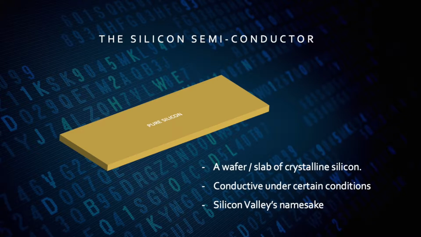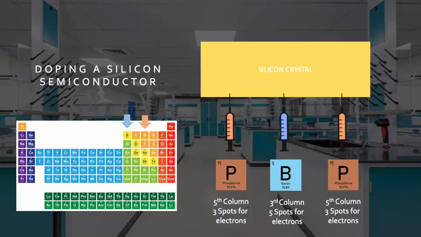We can make things more interesting to this wafer of silicon if we do something called doping. Doping a silicon semiconductor is simply introducing impurities, or compounds that are not silicon, into the structure itself. The concept of doping isn't restricted to silicon; you can introduce impurities into any sort of substance you like.